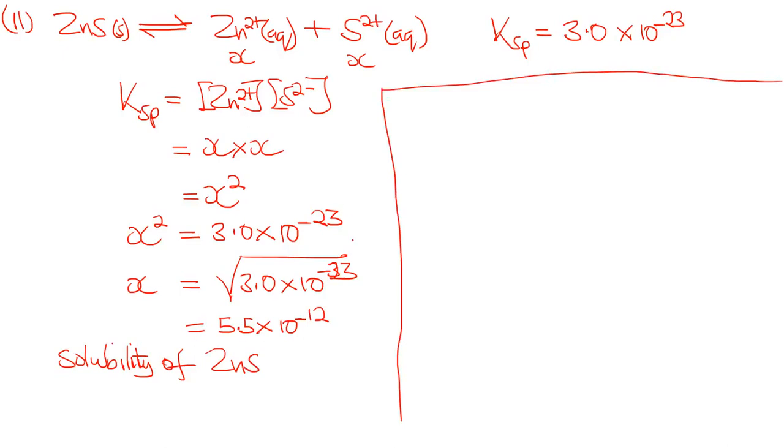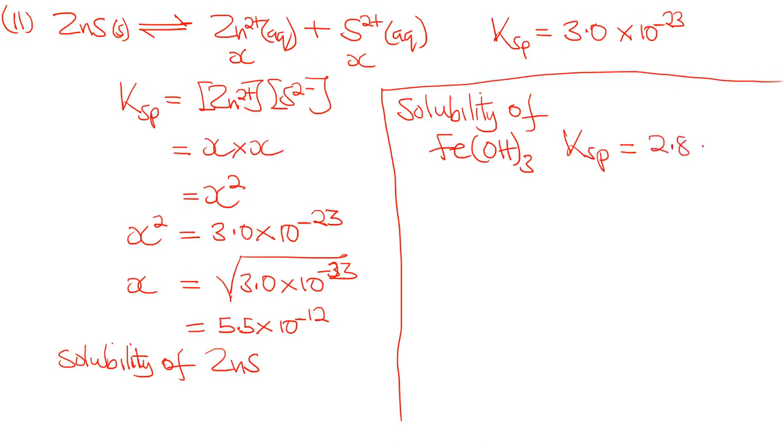So let's go to our question again. We are comparing two solubilities. We found that the solubility of Fe(OH)3, which has a KSP of 2.8 times 10 to the power negative 39, is equal to 1.0 times 10 to the power negative 10.